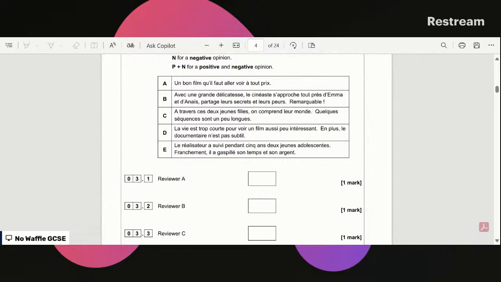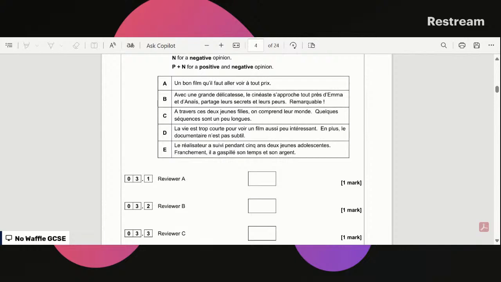Avec une grande délicatesse, le cinéaste s'approche tout près des mains et des nez, partage leurs secrets et de leur peur. So it was a big delicacy to take part in their secrets and in everything else. So it was remarkable. So B is also positive.